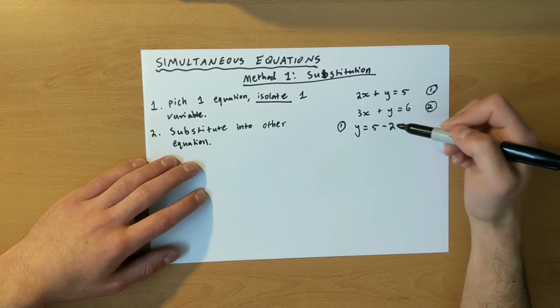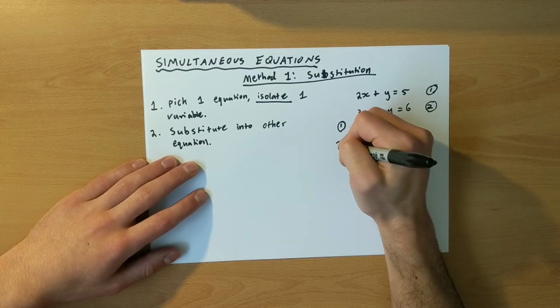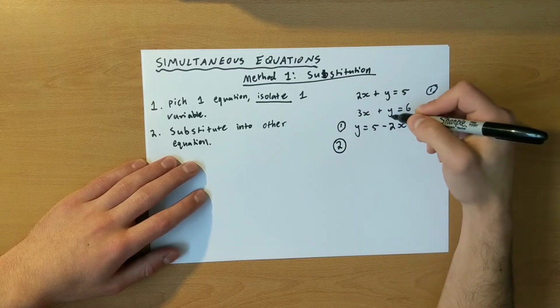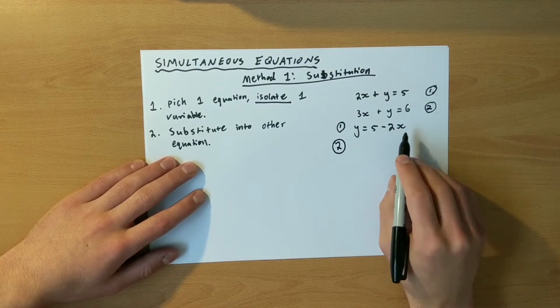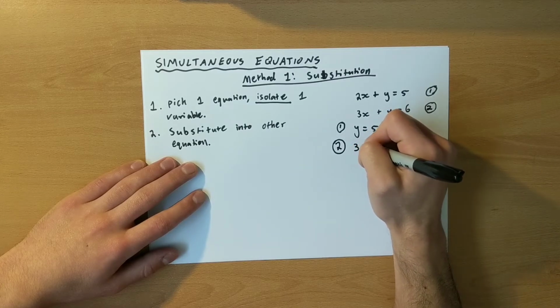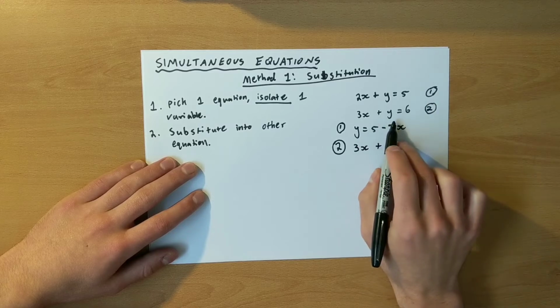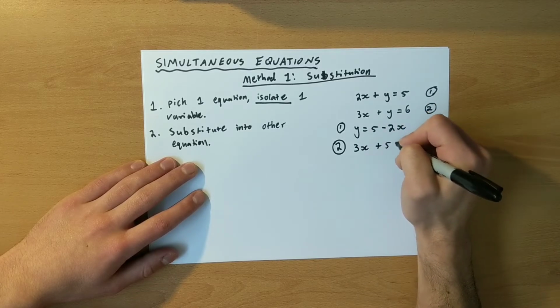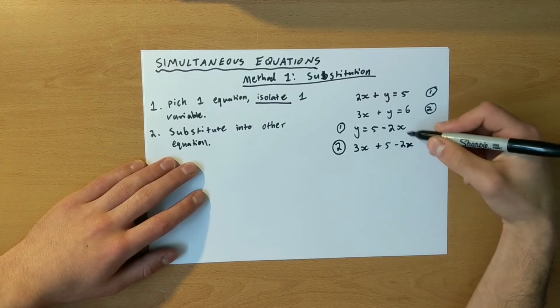So now that I know that y equals 5 minus 2x, I can look at equation 2 again, and wherever I see a y, I'm going to substitute this value here, 5 minus 2x. So I'm going to rewrite equation 2, 3x plus, and now instead of writing plus y, I'm going to write plus 5 minus 2x, because I've established that 5 minus 2x is y.